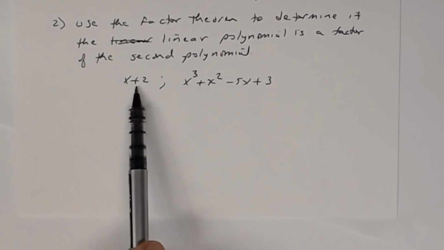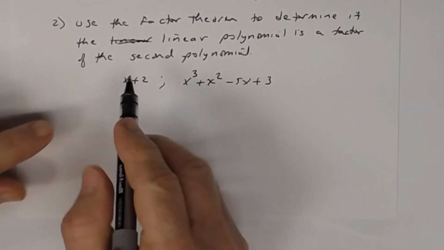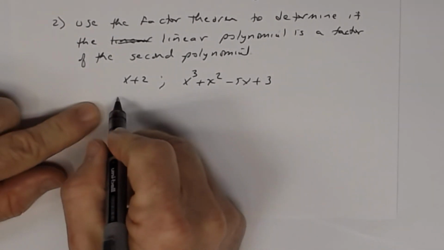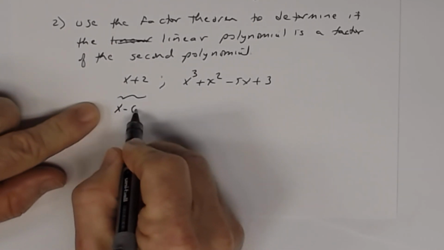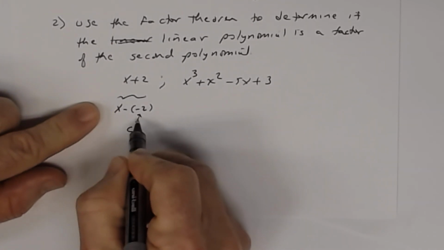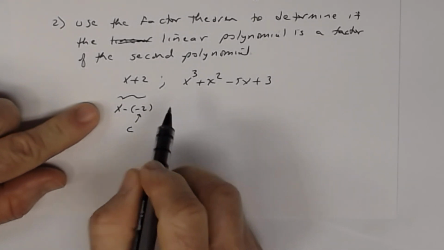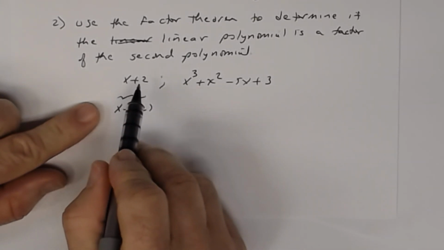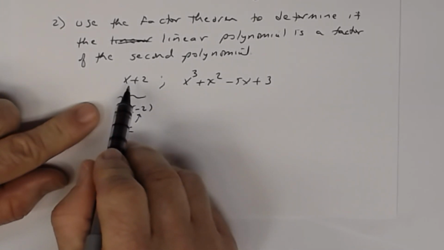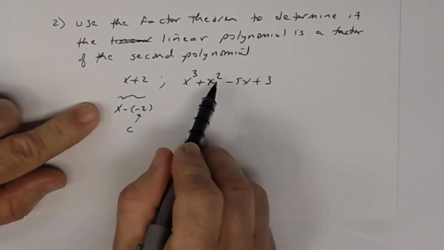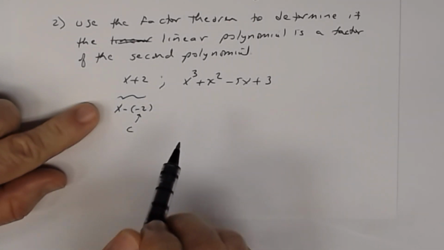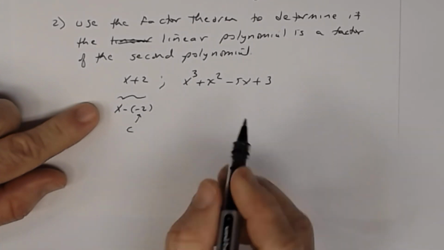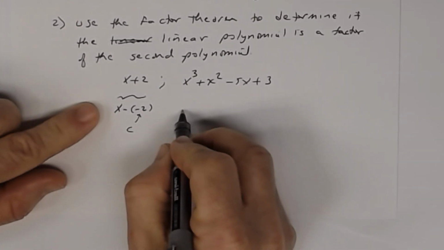All right, so here's our linear polynomial. Remember x minus c, so I can rewrite this as x minus a negative 2. So this is your c right here. So c is negative 2. So according to the factor theorem, x plus 2 is a factor of this if the remainder is 0. All right, so let's go ahead and use synthetic division.